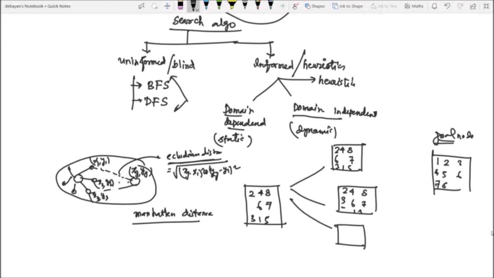So now we can find the Manhattan distance, that is, the number of blocks you need to change to reach the goal state.